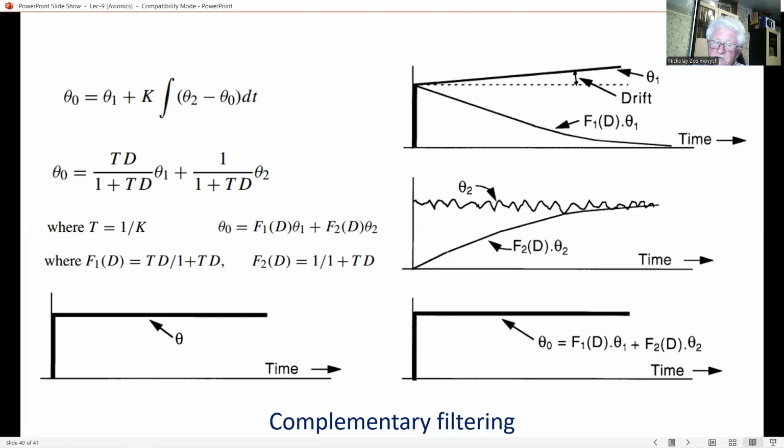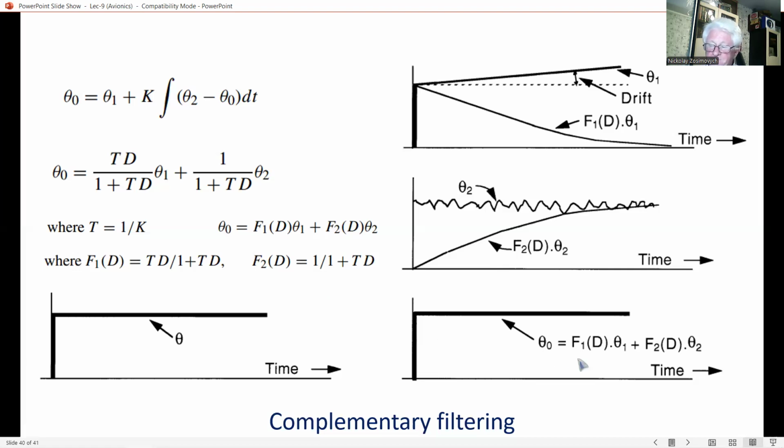A constant drift is therefore DC blocked and has no effect on theta naught. A change in drift will, however, cause a transient change in theta naught. And second, the quantity theta 2 is coupled through a simple low-pass filter with transfer function F2(D), which is 1 over 1 plus Td, which filters the noise present in theta 2, but preserves the DC accuracy.